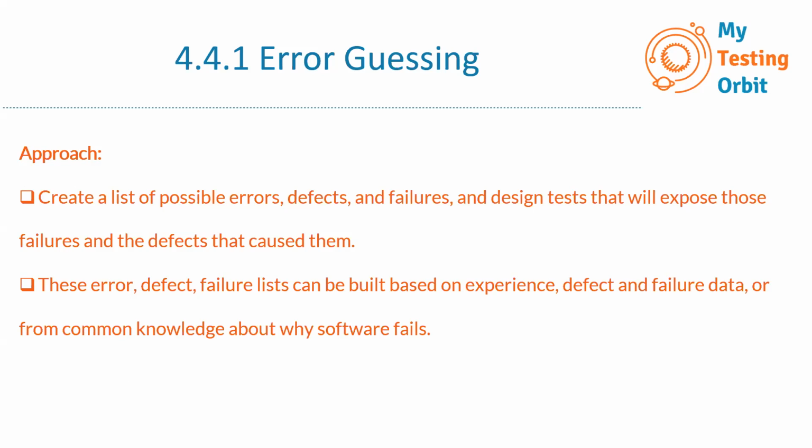Or if we already have a defect management or defect tracking system, tracking all the previous defects and failures, then we can go through those and compile a list based on the data already stored, and say, okay, this is what went wrong last time, and this time we can make sure we are covering these clauses, these scenarios, or that we are not repeating the same mistake. And based on that, the tests are designed.